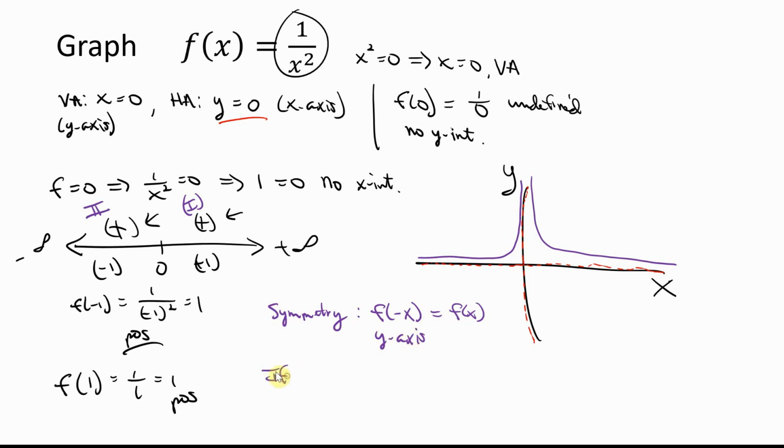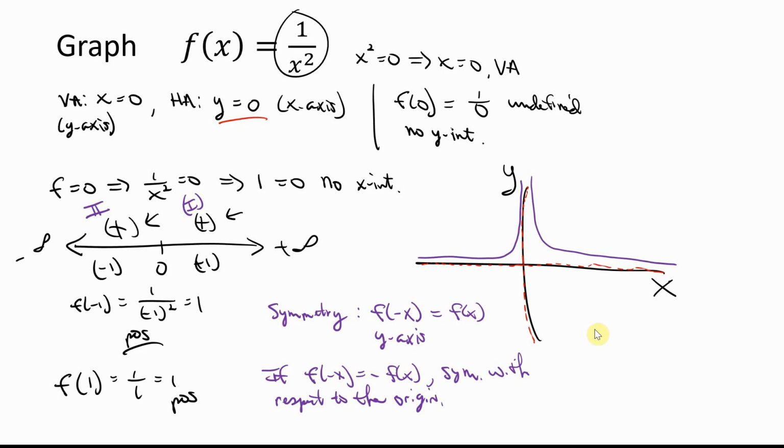And if we have f of negative x equal to negative f of x, then it's said to be symmetric with respect to the origin. And if none of that happens, then there is no symmetry with respect to the y-axis or the origin.